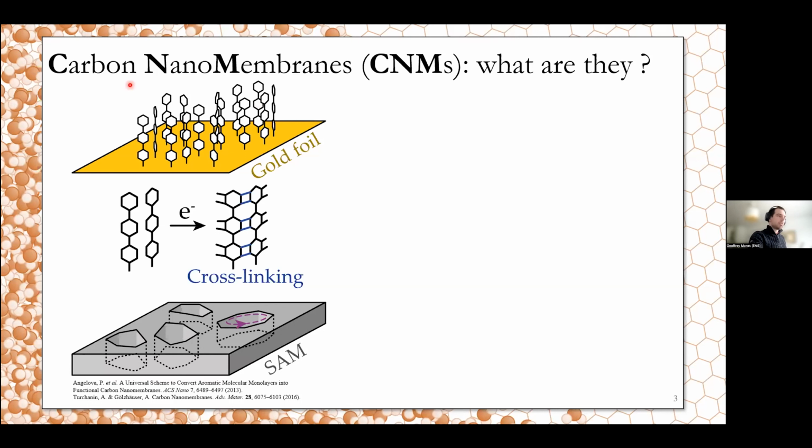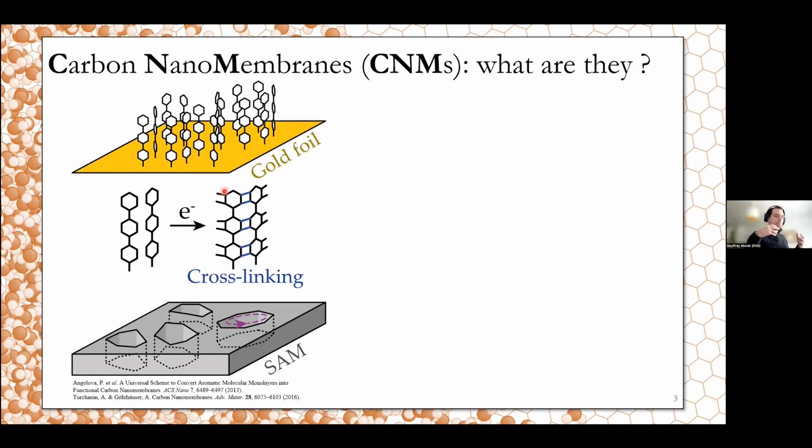The best way to explain what CNM are is to explain how to build them. First, you have TPT carbon chains that are grown on a gold foil. You end up with a carpet made of hairs, where each hair is a TPT molecule. Then you place this layer under an electron beam in vacuum.